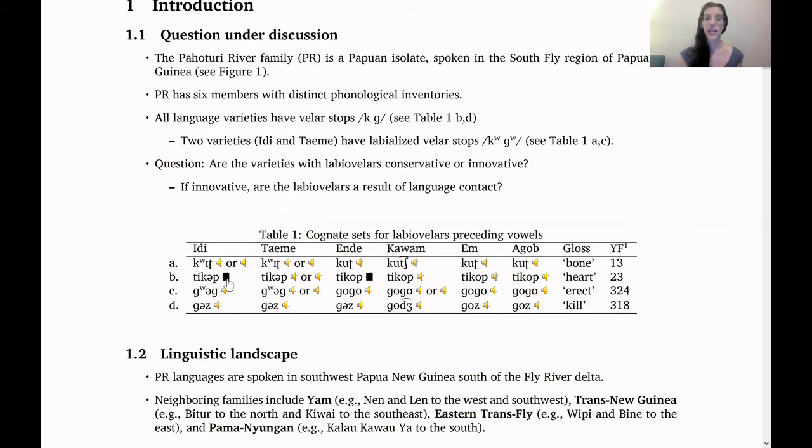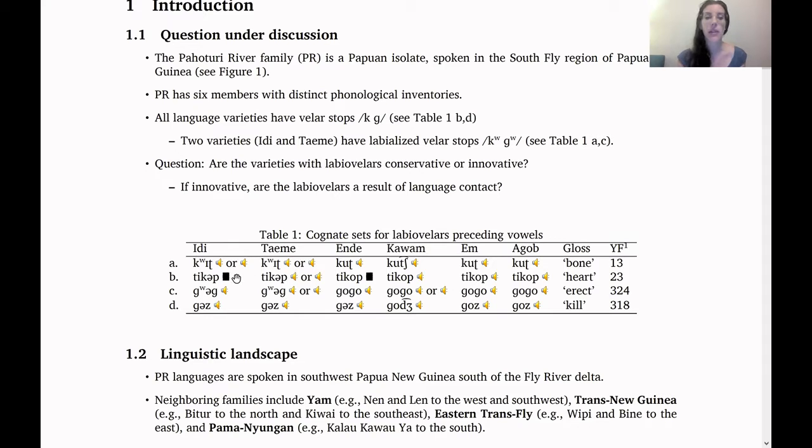But what's interesting is that where you find voiceless velar plosives k or voiced velars g, so you have k and g in Ende, Kawam, Em, and Agob, there are 2 language varieties where you find not unlabialized velar plosives, but labialized velar plosives.